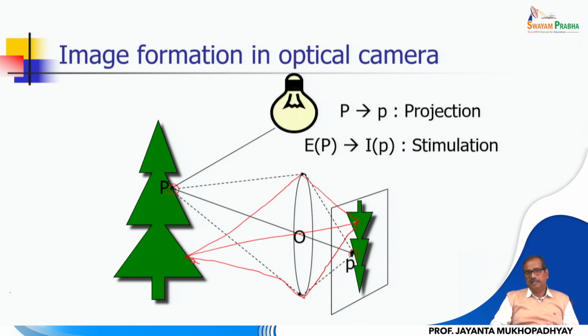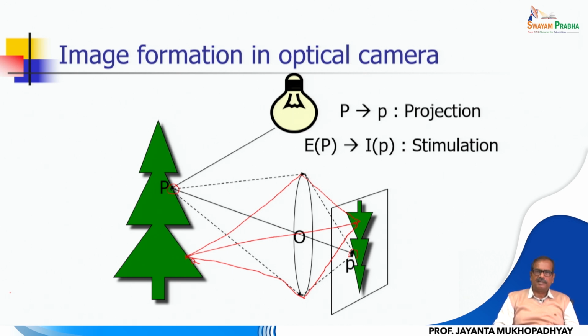If you don't have the lens, the received energy is very feeble, and the brightness variations among points will not be perceptible or properly captured. With a lens you are magnifying that operation, drawing most of the energy reflected at that part onto this point. That is the purpose of using a lens: it gives a brighter image. Otherwise it would look very faded, and the brightness variation would not be understood.